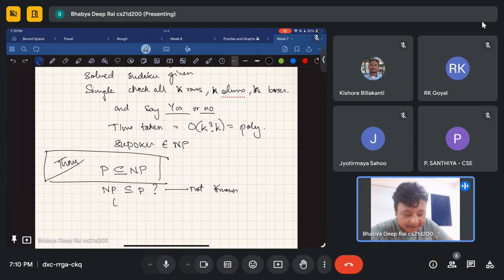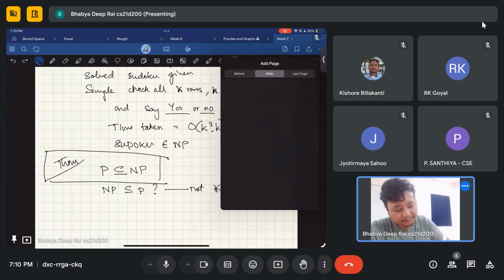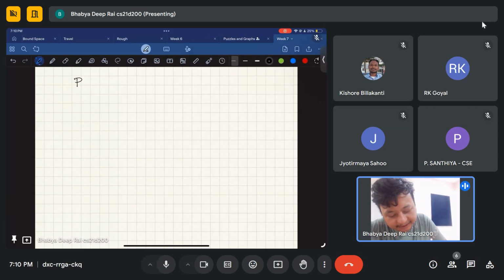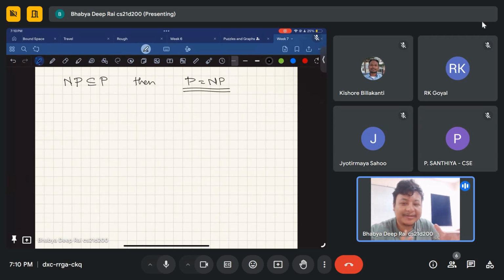It has not been proved till now. Let's say you show that NP is contained in P, then you show that P is equal to NP. Now, if you show this, then it will have very big implications.